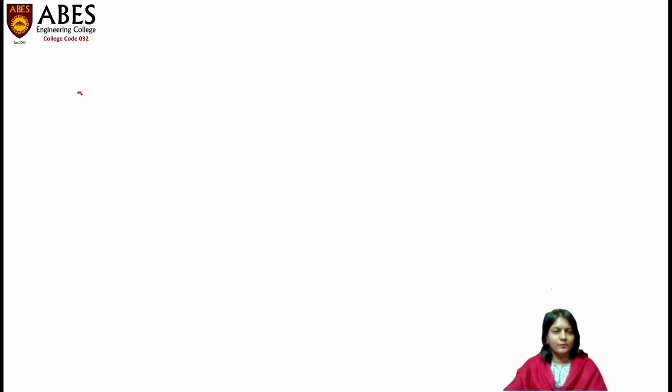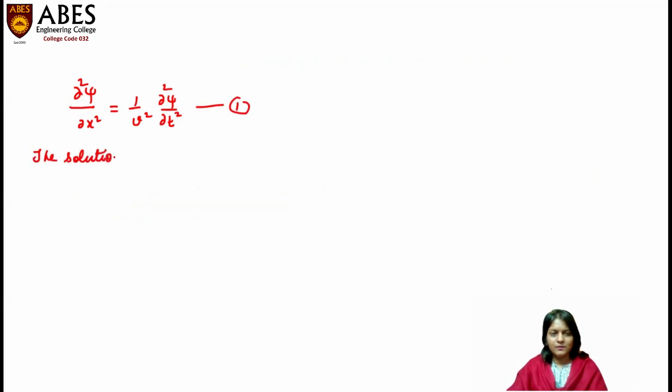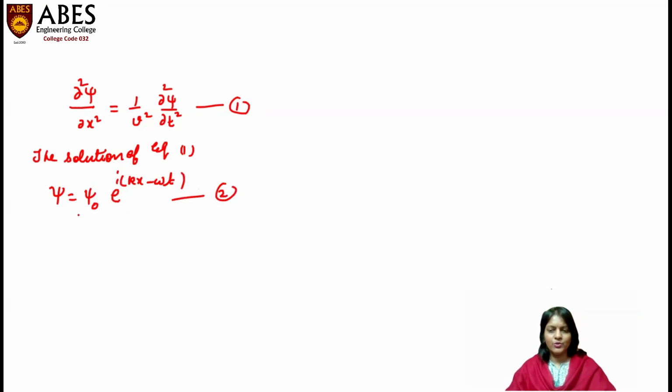This is equation number 1. The solution of equation 1 is psi is equal to psi naught e raised to the power i(kx minus omega t). This is equation 2, a solution.